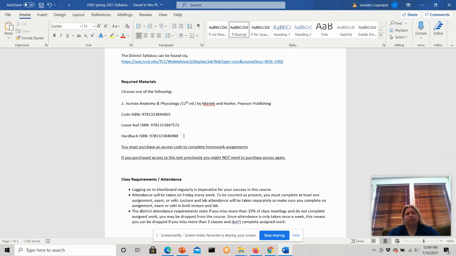But like I said, I called the bookstore and they don't have any. But the important thing is that you have that access code, because your homework is going to be through the Pearson book, the actual textbook itself. And so you have to have access to Pearson in order to complete your homework.